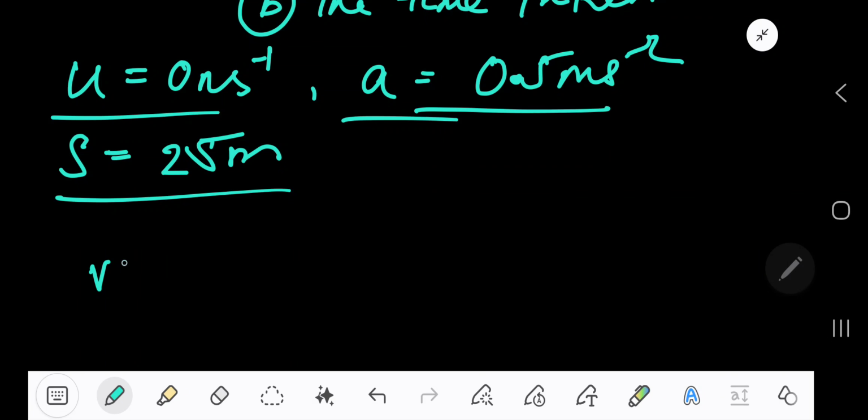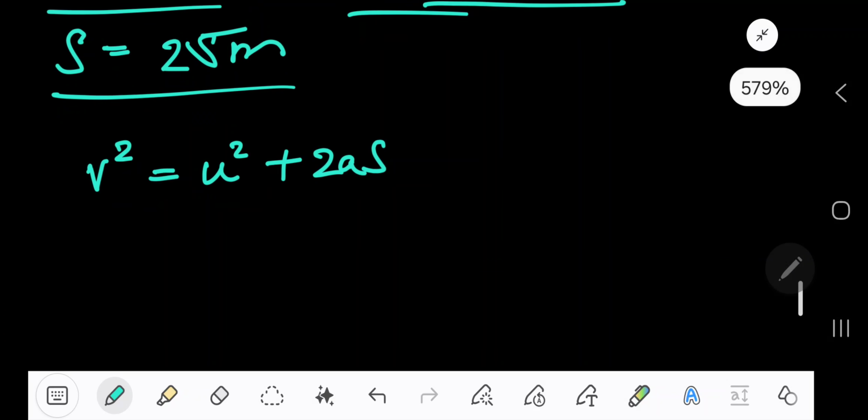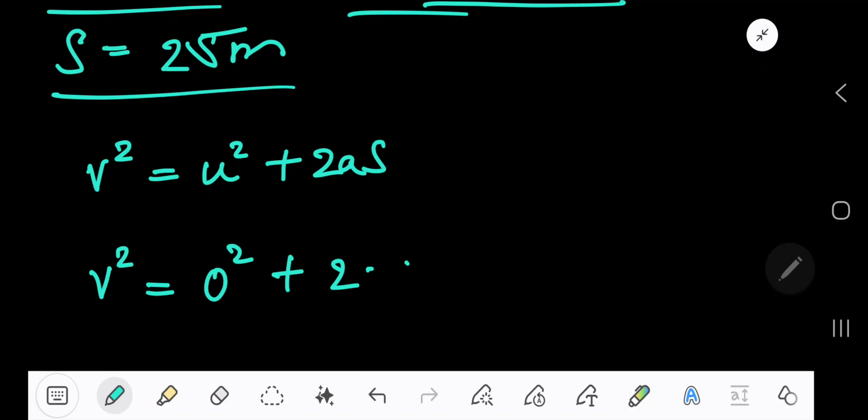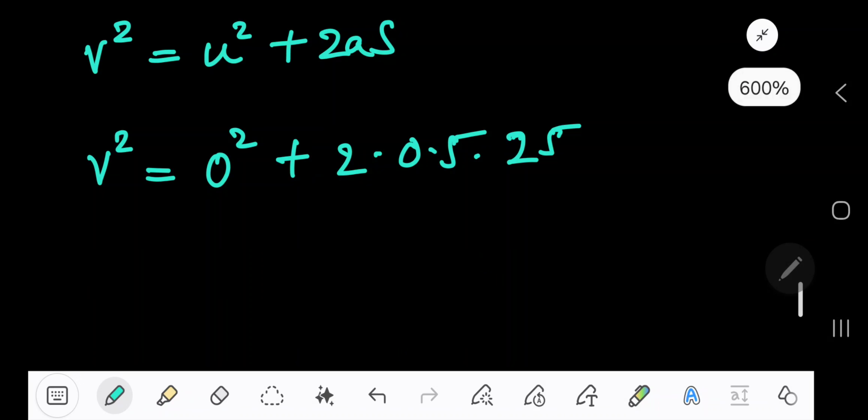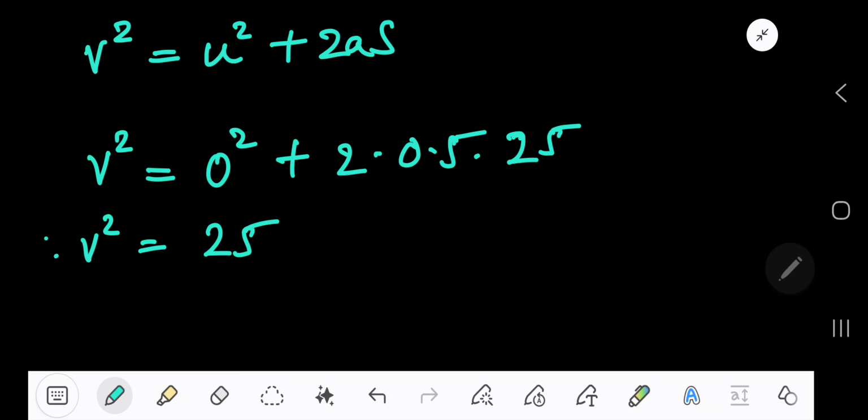Alright, so from the equation of motion v square equals u square plus 2as, we can plug in the values. So v square, which is final velocity squared, equals 0 squared plus 2 times 0.5 times 25. Because 2 times 0.5 is 1, v squared equals 25, so v would be equal to root 25, which equals 5.